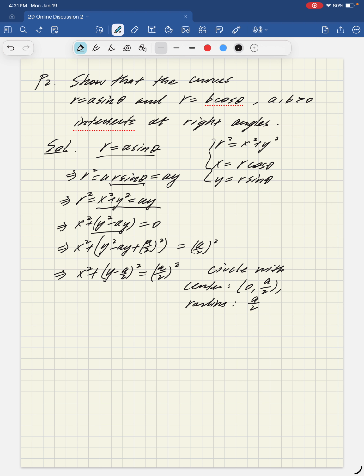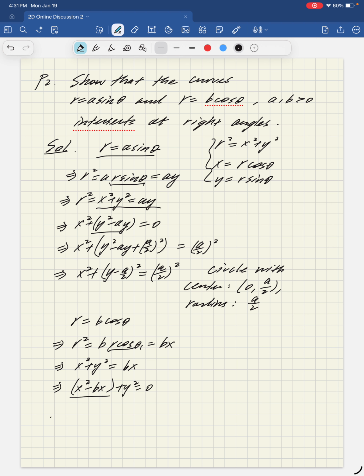Great, so let's look at r equals b cosine theta now. We do the same trick of multiplying both sides by r. So this gives r squared is b r cosine theta. Remembering that r cosine theta is just x, this is bx. And therefore, r squared, which is also equal to x squared plus y squared, equals bx. So again, we can complete the square for x.